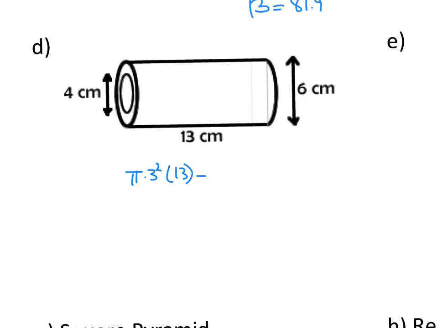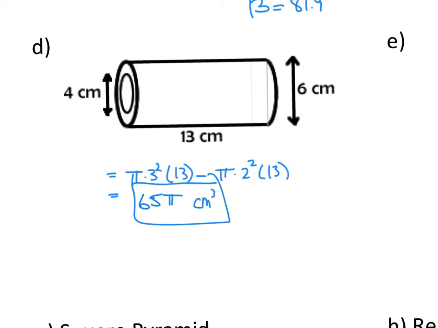And we're going to take away pi times 2 squared for the hole times the depth of 13. So doing that calculation, we'll get 65 pi cubic centimeters for the volume. So there I just did 3 squared times 13, take away 2 squared times 13, and it had like terms of pi.